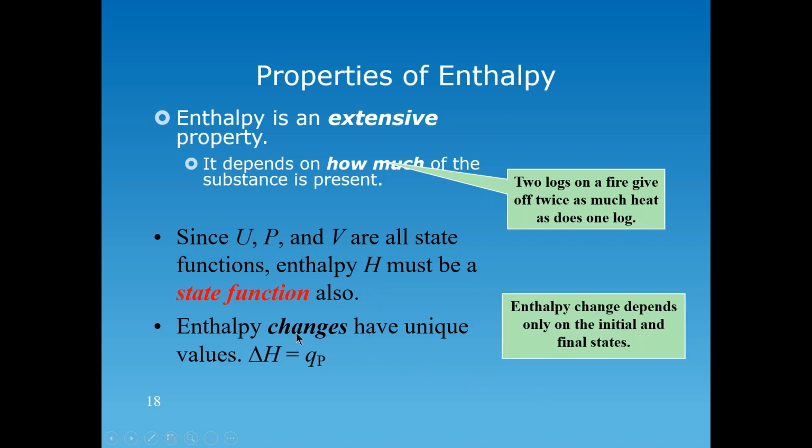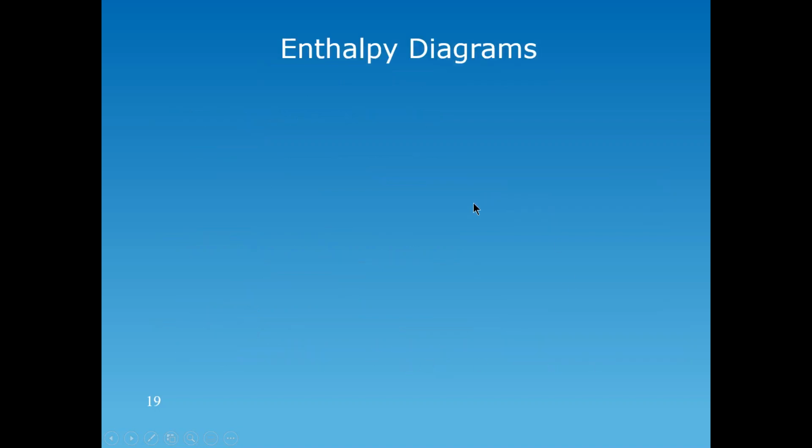As we said before, enthalpy change is the same thing as the heat change under constant pressure. It turns out that for different chemical reactions, the enthalpy changes are unique, all right? Another thing we need to talk about here, and this is related to the state function statement, is that the enthalpy change depends only on the initial and final states, which is true for all state functions, all right?